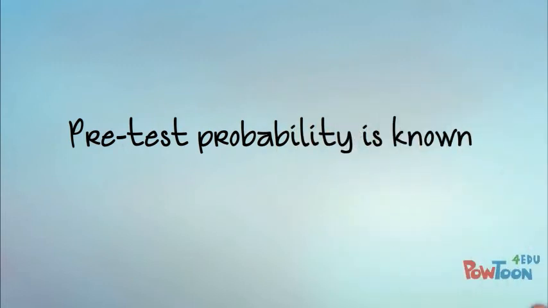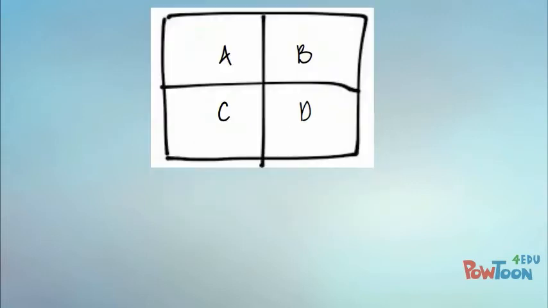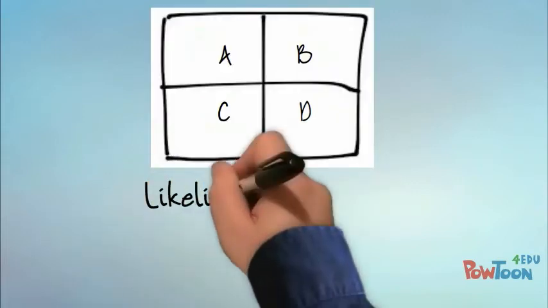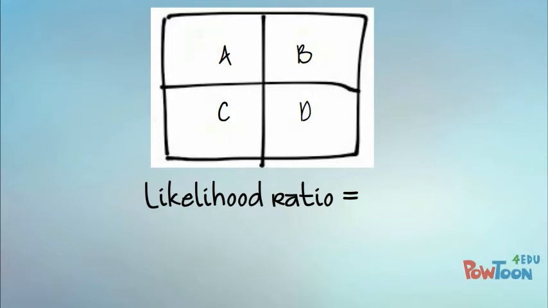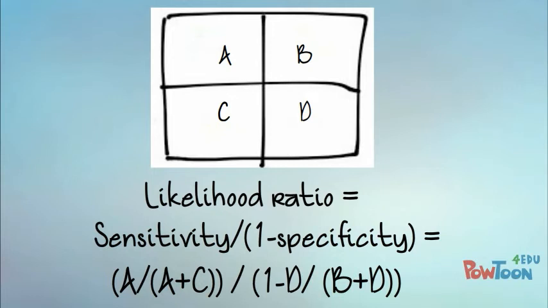Now we have our pretest probability, the next thing to do is to add the information from the test. And to do this, we first go back to our trusted 2x2 table. The value we are looking for is called the likelihood ratio, and it's defined as sensitivity divided by 1 minus specificity, or by this equation.